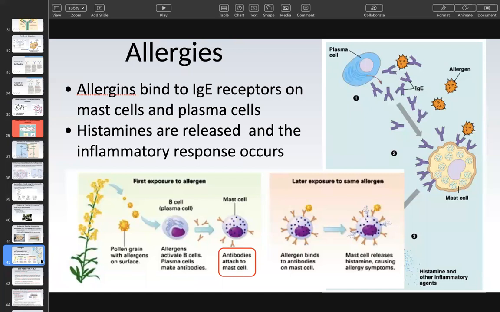And so IgE receptors on mast cells and plasma cells will activate a response, which typically involves histamine release. And if you think about what histamine does, it explains a lot of the symptoms that are present in an allergy response, especially an allergy response to seasonal allergies.